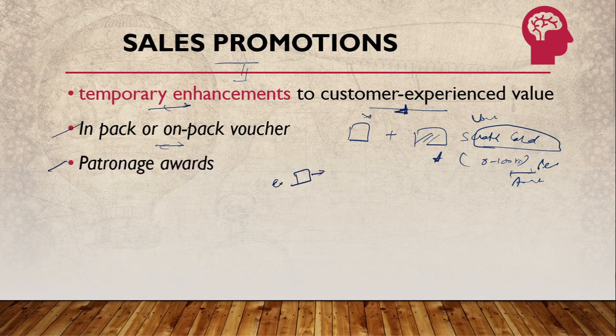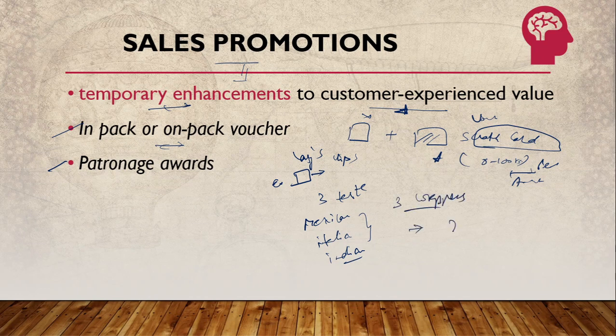Let us say Lays is selling chips in three versions, three tastes. Let us say Mexican, Indian, and Italian. What they will do is, if a customer has all three wrappers of these chips, they will give a 20% discount on the next purchase of any chip packet which the Lays company manufactures.